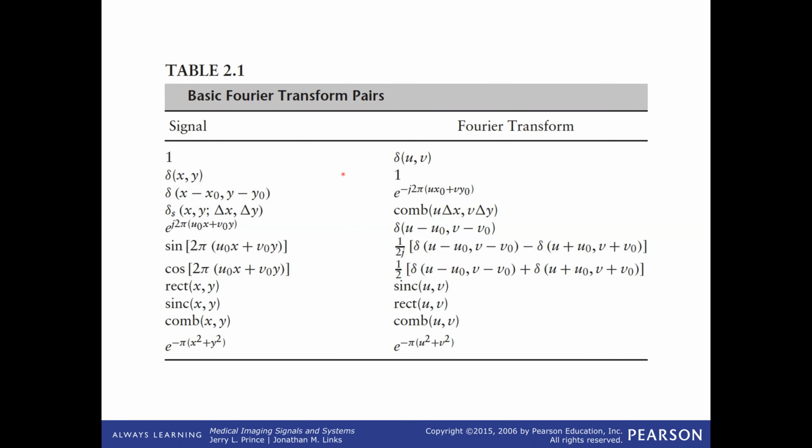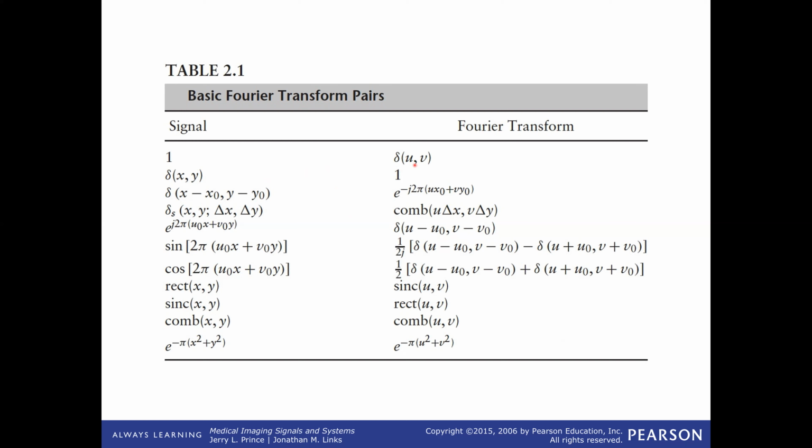All right, so these are transform pairs. You should know a lot of these that are on this page. In fact, probably all of them. You should know that the Fourier transform of a constant signal is a delta function. Similarly, the Fourier transform of the delta function is 1.